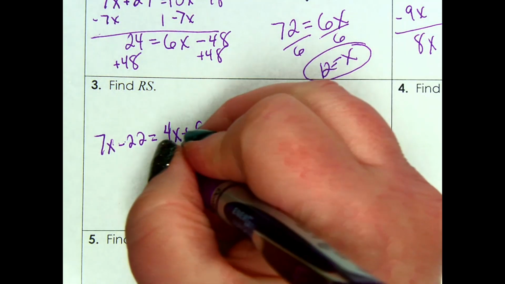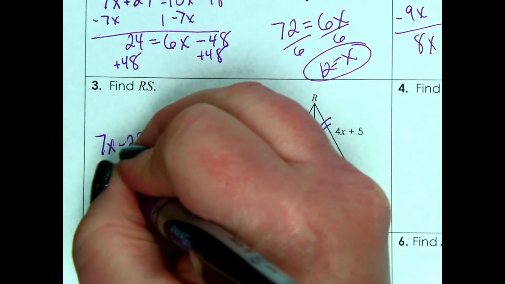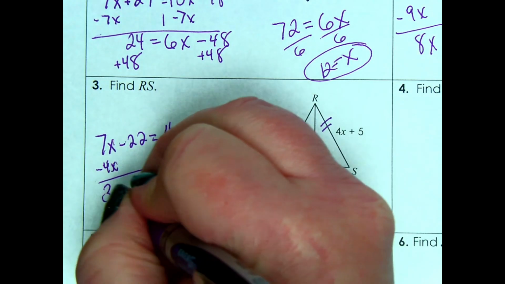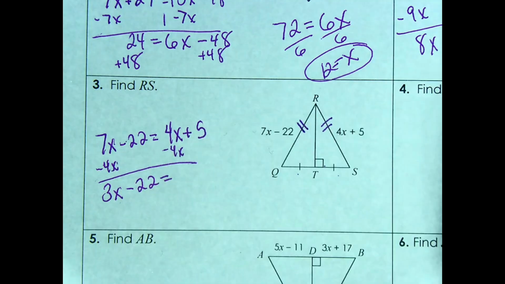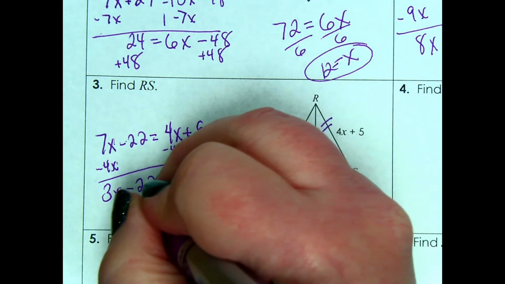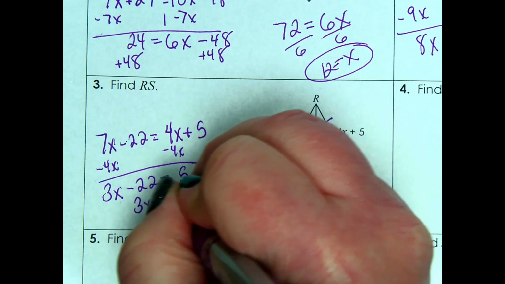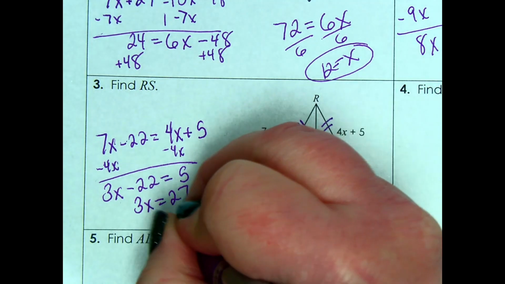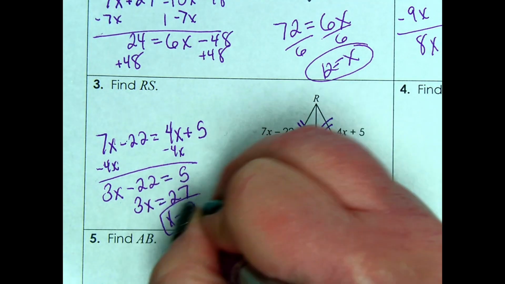I subtract 4x from both sides, and I get 3x minus 22 is equal to 5. I'm going to add that 22 to both sides. I get 3x is equal to 27, and therefore x is equal to 9.